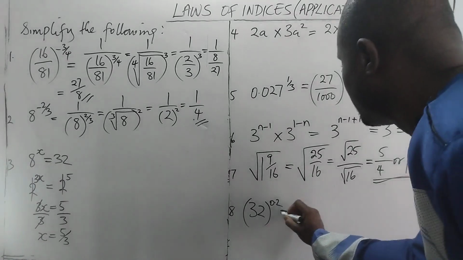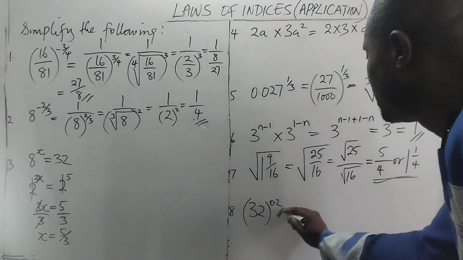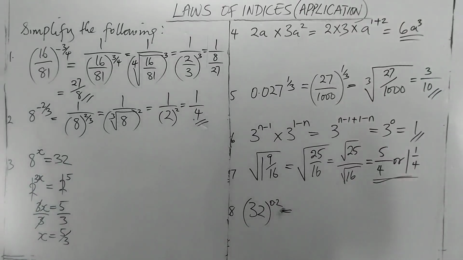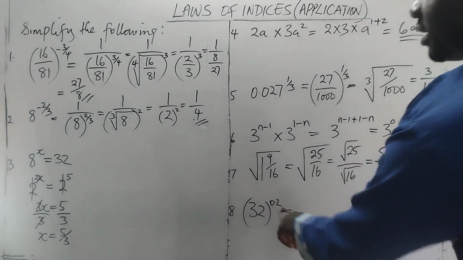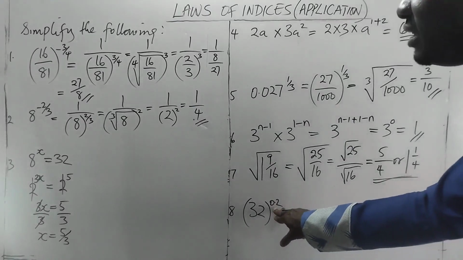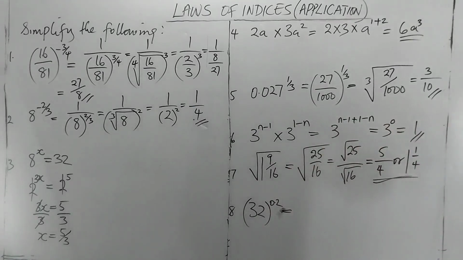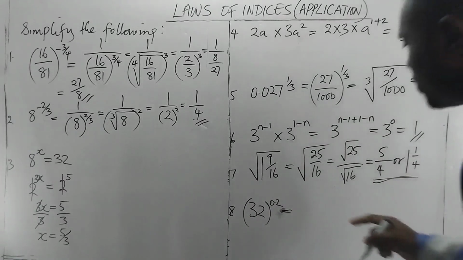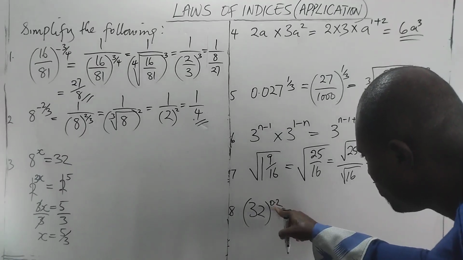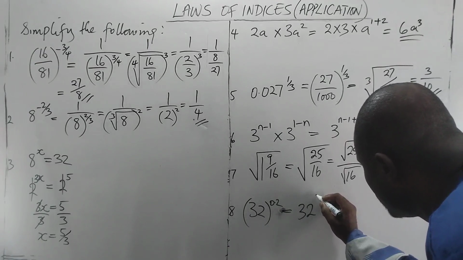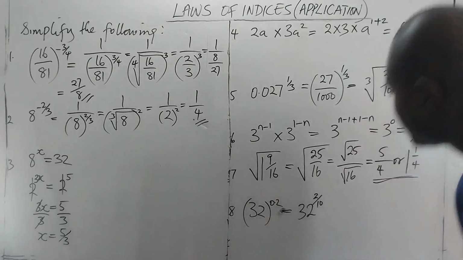Then, finally, the last question has an index that is in decimal. When you have an index that is in decimal, before you use it, change it to fraction. So 0.2, changing it to fraction will give us 2 over 10.